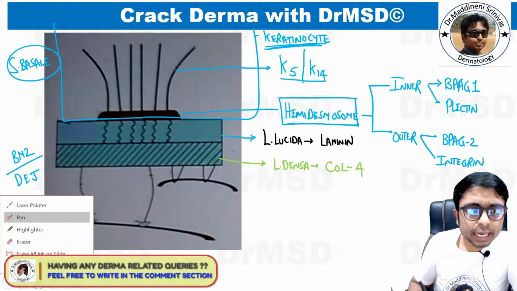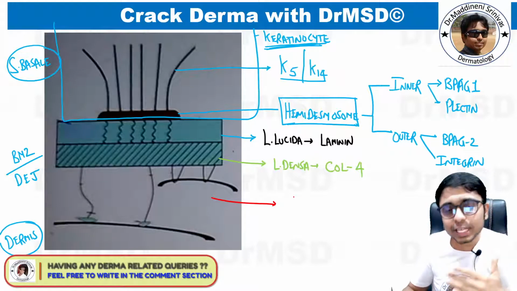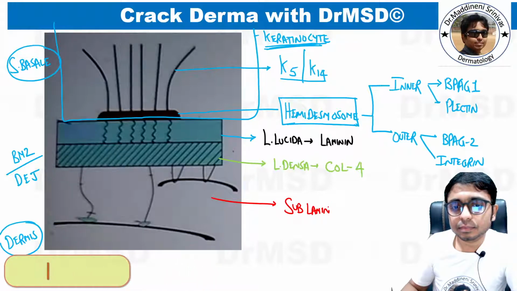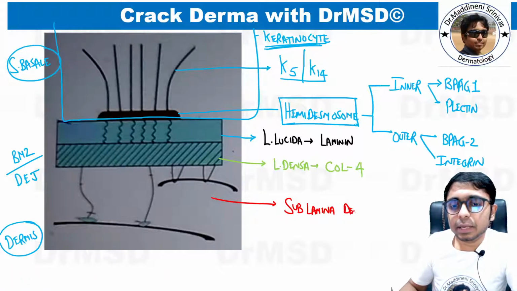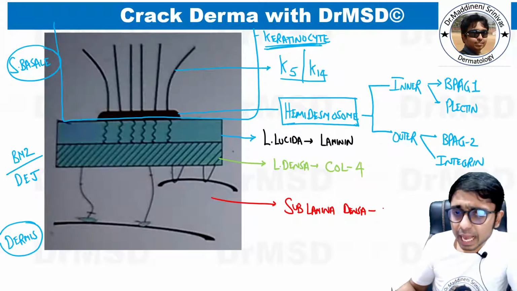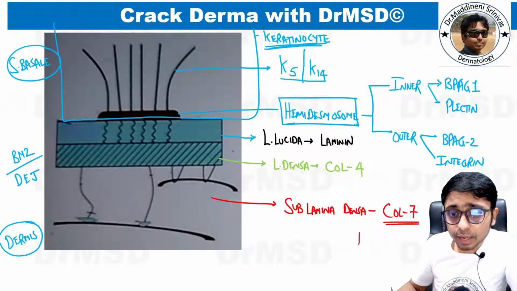Coming to the next layer, present below the lamina densa, it is called the sublamina densa, and in sublamina densa we have collagen 7, which is also called anchoring fibrils.